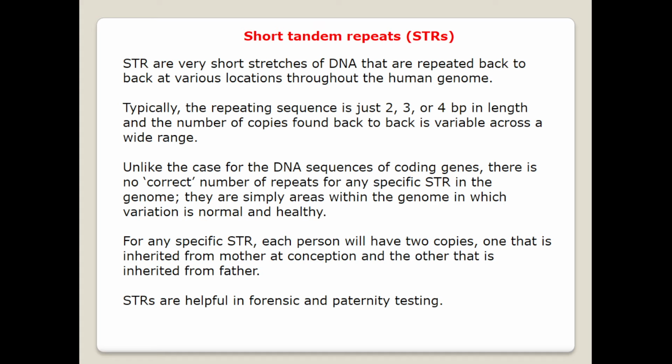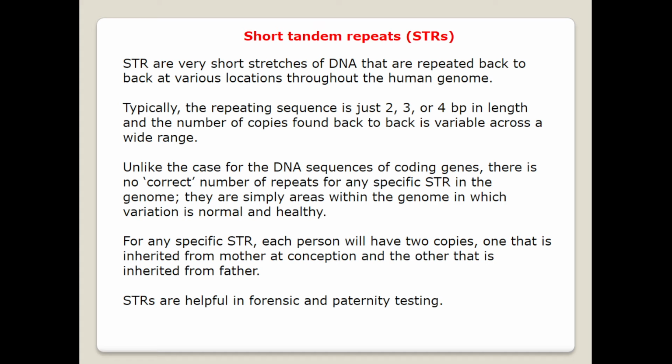Unlike the DNA sequences of coding genes, there is no correct number of repeats for any specific short tandem repeat in the genome. They are simply areas within the genome in which variation is normal and healthy.